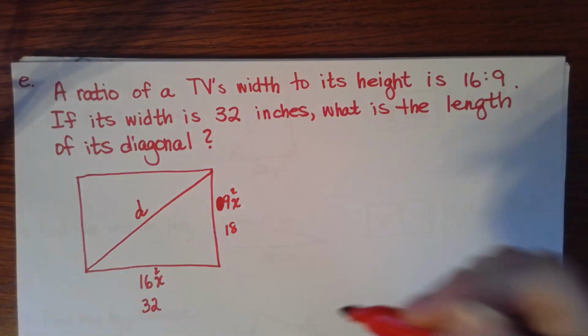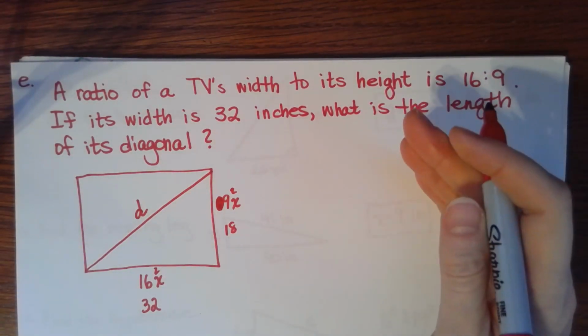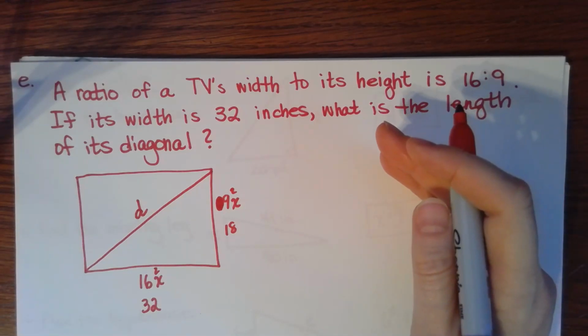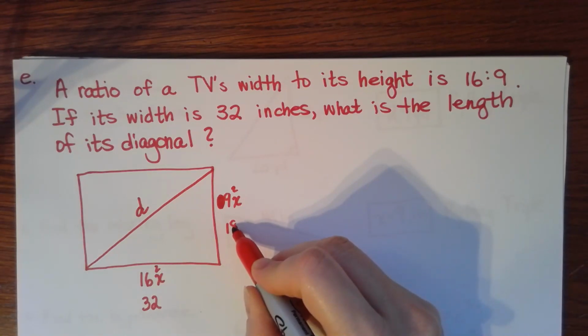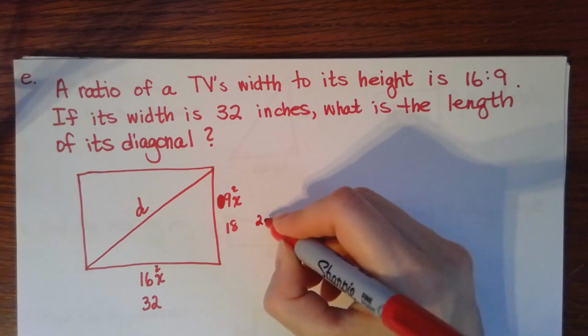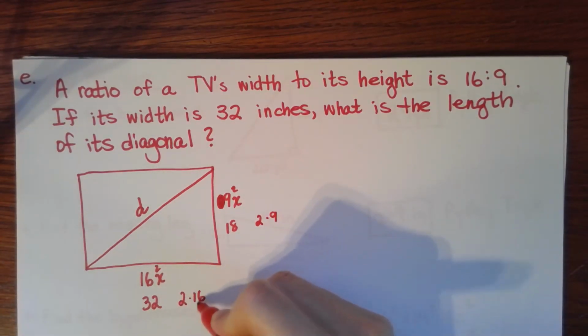Okay, so we could go through and do the whole Pythagorean theorem, but probably before we do that, it might be good to see if we have a Pythagorean triple hidden in here. We could write this as 2 times 9, and this is 2 times 16.